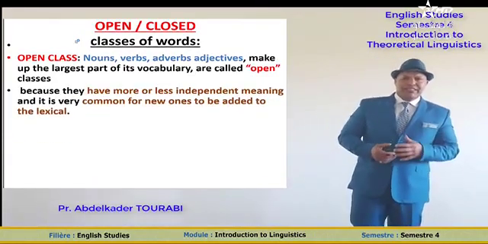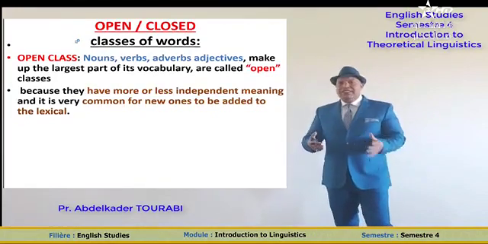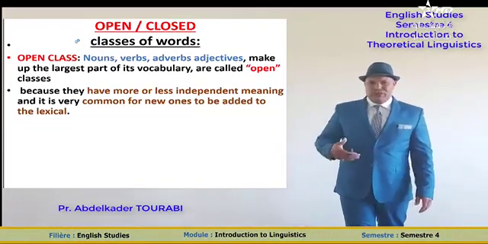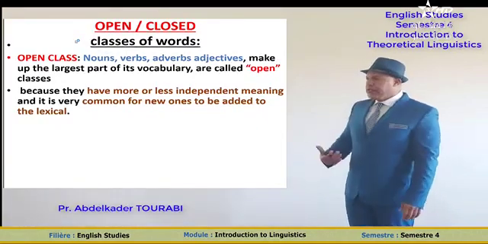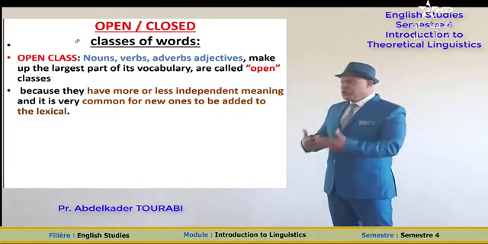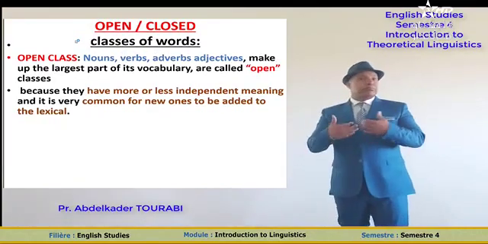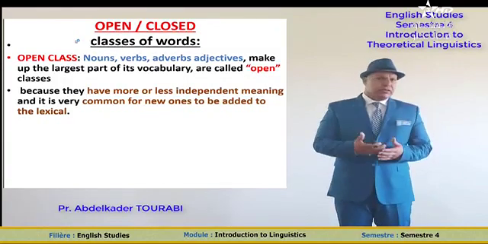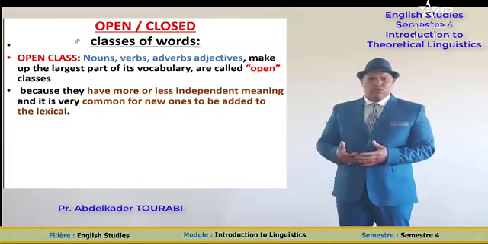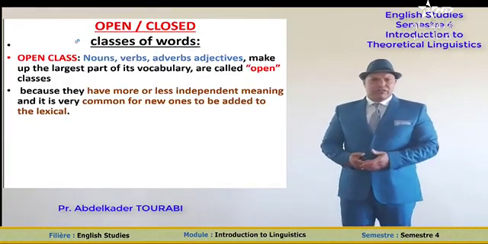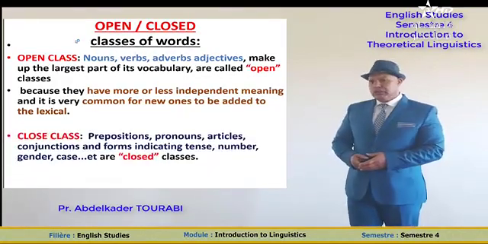Because they have more or less independent meaning, and it is very common for new ones to be added to the lexicon. We can remember when, for example, the word computer was introduced into languages, or other terms like mobile phones. All these words, which are nouns and verbs, can be added to the language.